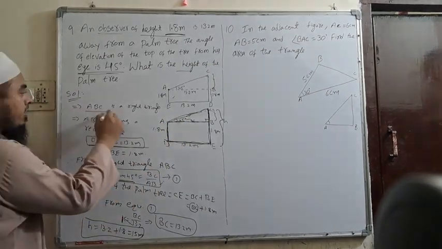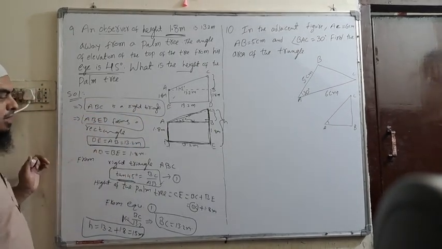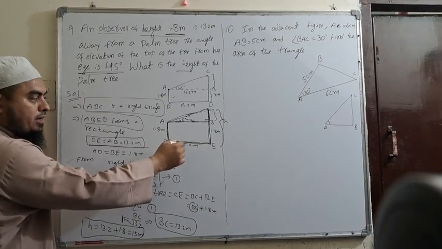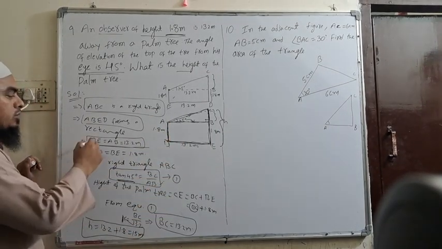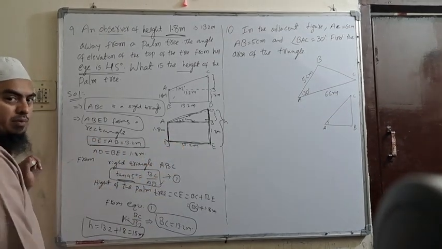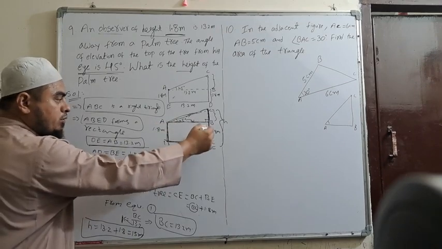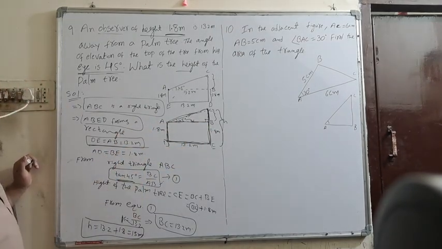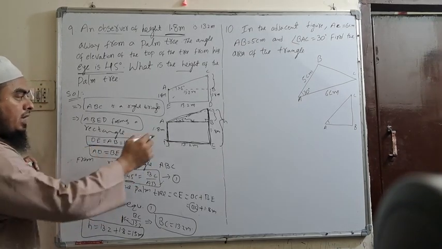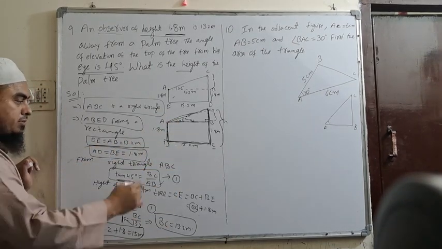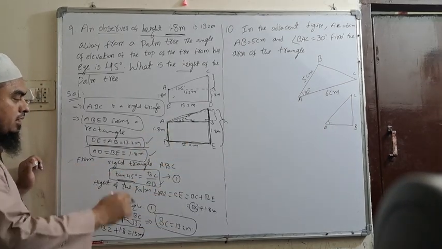That is what we have written here: ABC is a right triangle and ABED forms a rectangle. Now we know the properties: DE is parallel to AB and opposite sides are equal. So DE is equal to AB is equal to 13.2. Now AD is equal to BE, as opposite sides of a rectangle are equal, so AD is equal to BE, 1.8 meters. These two we have written from the properties of a rectangle.